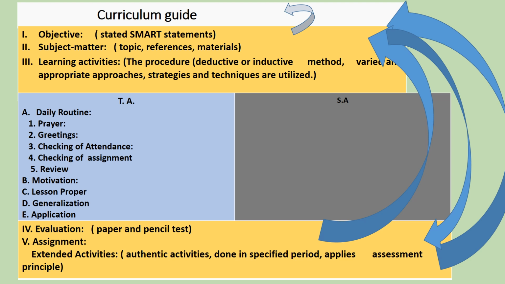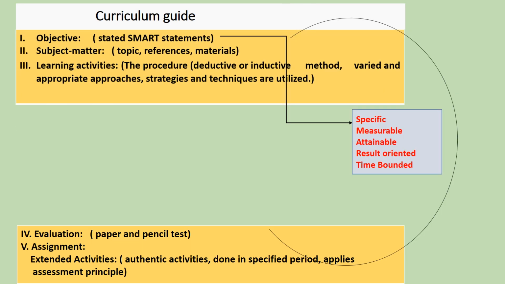So this will comprise activities that will sum up the total competencies that you would like the students to really develop out of those topics that you have discussed with them every day. Always remember that whatever objectives you write, you decide according to the curriculum guide, and it should be stated in SMART statements.